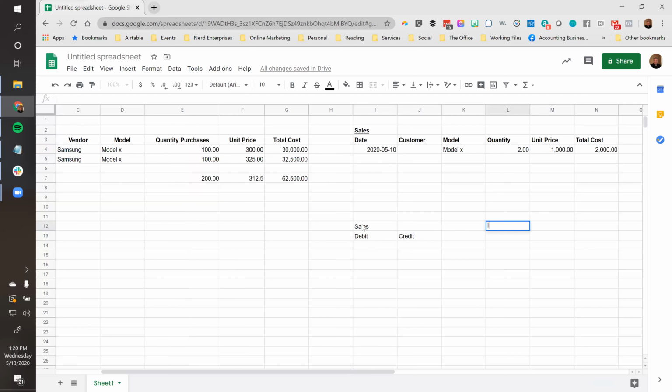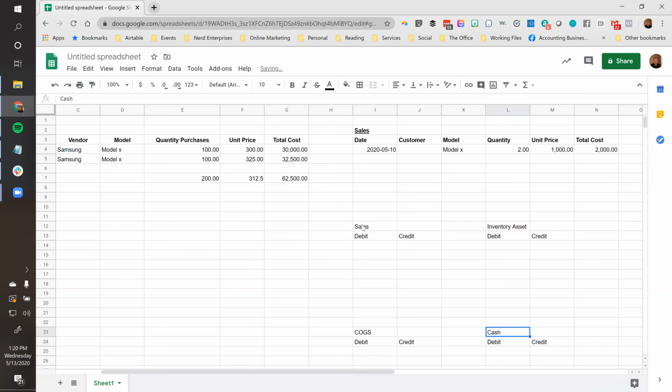We're going to do inventory asset, debit and credit. And I'll come down here just so we don't go too far out to the right. And we need COGS, debit and credit. And then we'll do cash, because we'll assume we're selling these in the store and we're getting cash.